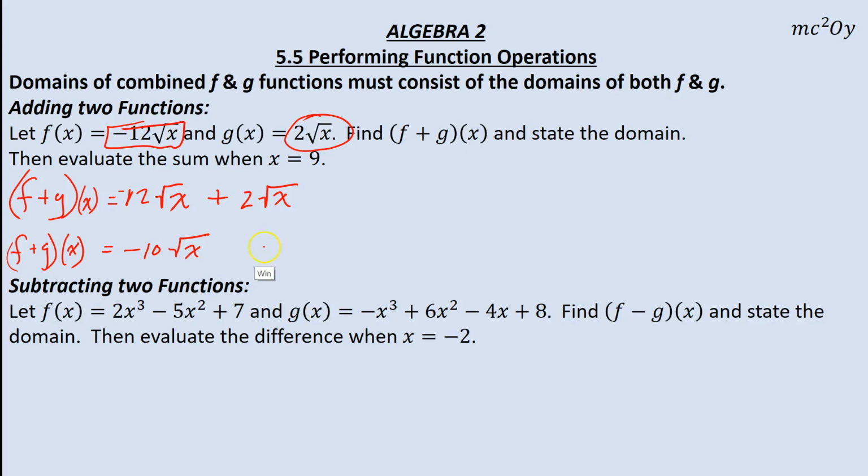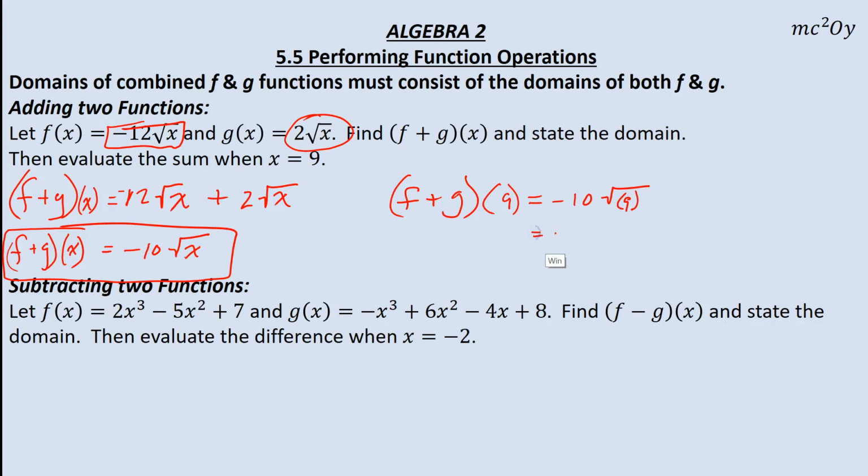And what they want us to do is evaluate that. Evaluate f plus g of x when x is 9. So really you're finding f plus g of 9. That means you're substituting the 9 in for the x there. So that's negative 10 times root 9, which is negative 10 times 3, or negative 30.